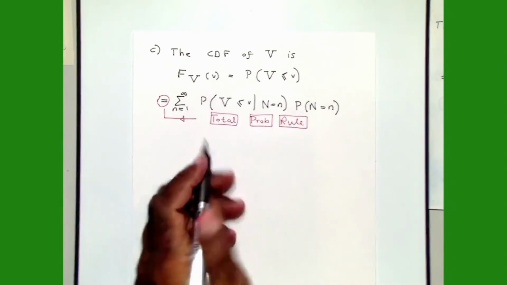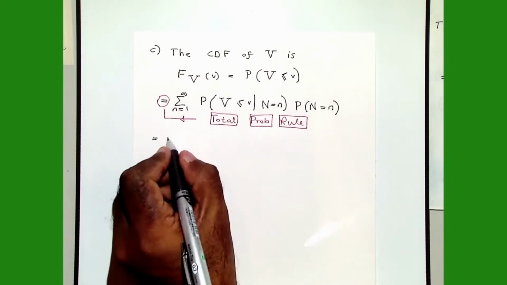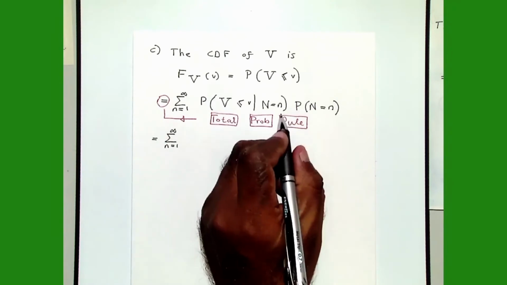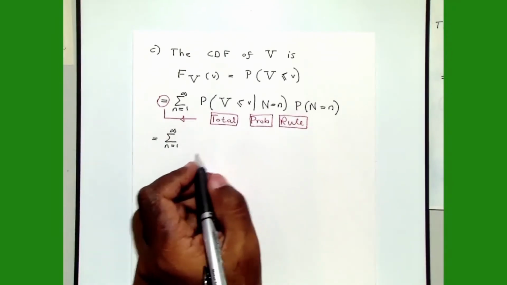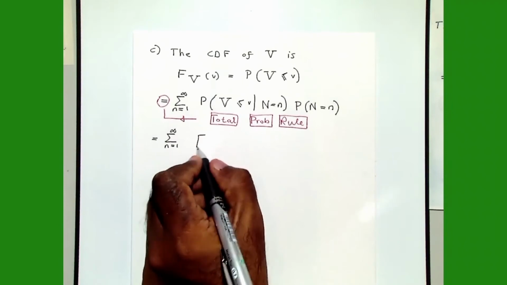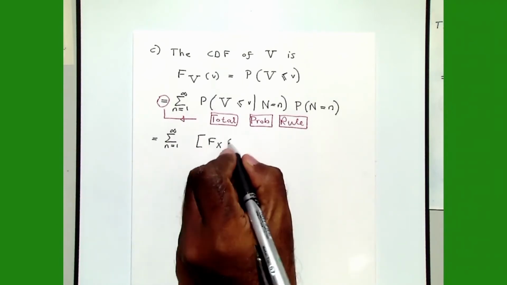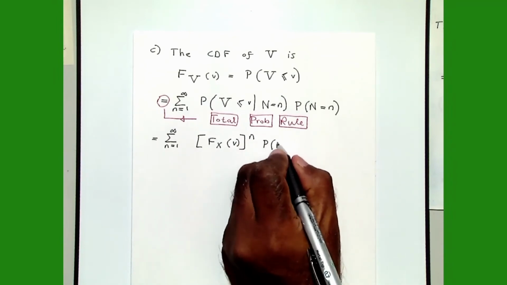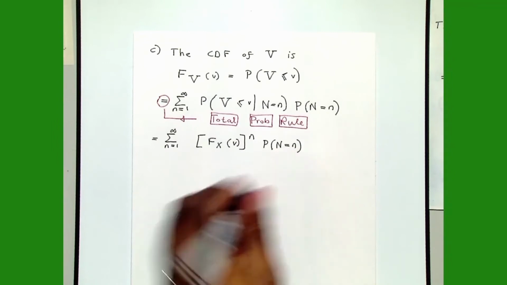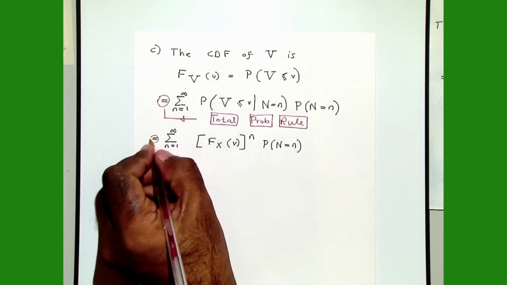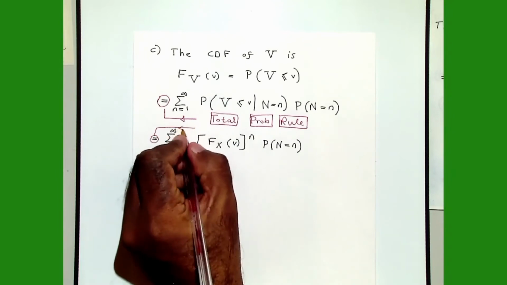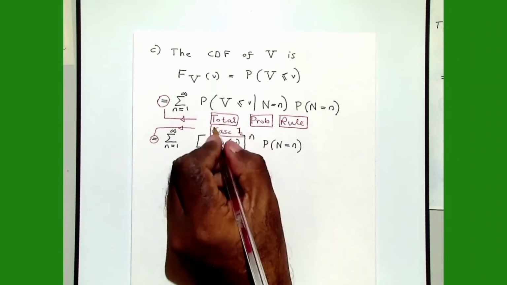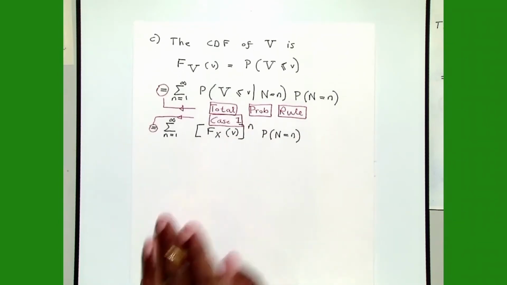Okay. Now in the next line, I'm going to replace the conditional probability with the result that we got in case 1, right? Which is this. Okay, so this is using the result in case 1. Right.